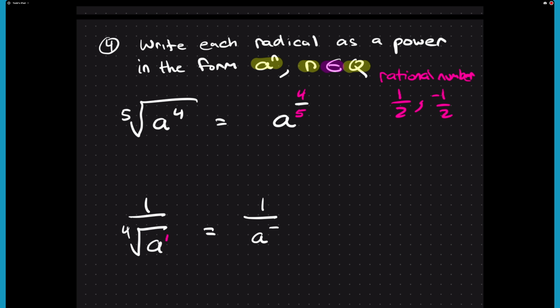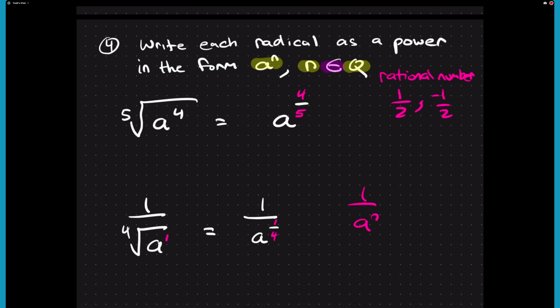Well, it's a 1. So the 4 that's out front goes on the bottom, and the 1 would go up top. So written as a power, it is 1 over a raised to the power of 1 over 4, except it didn't tell us to put it in the form of 1 over a to the n.